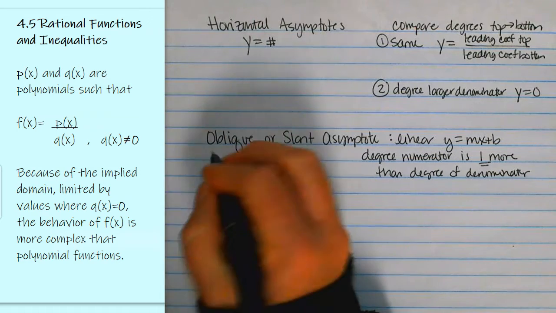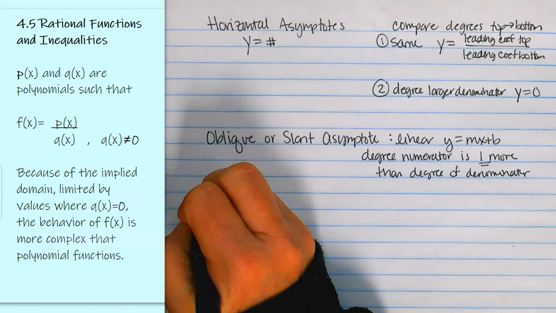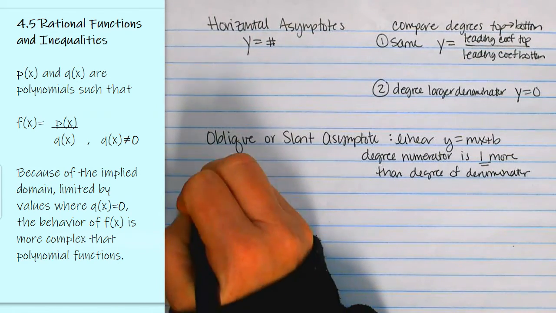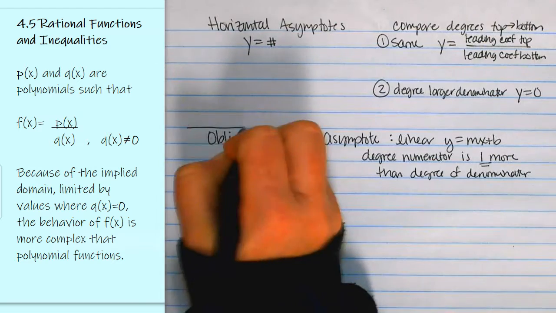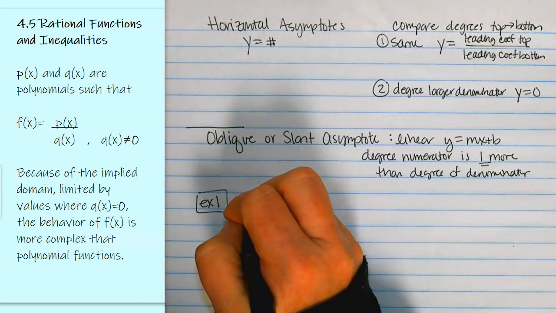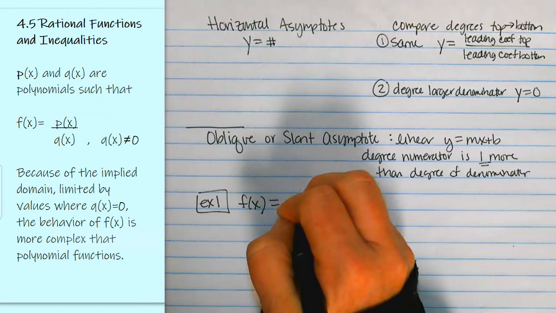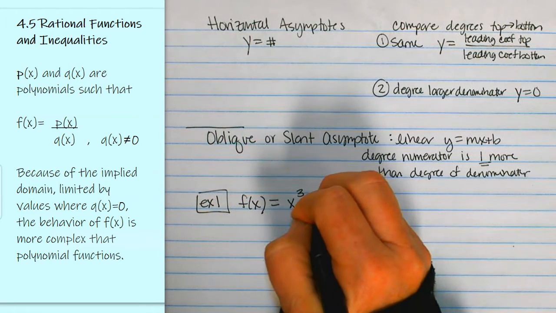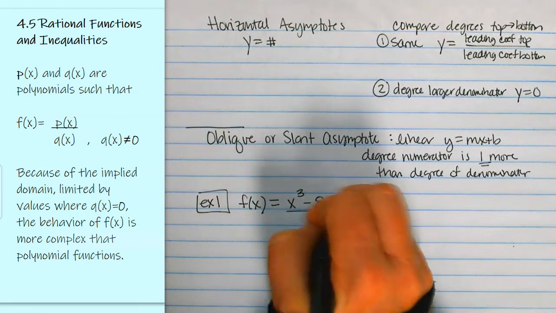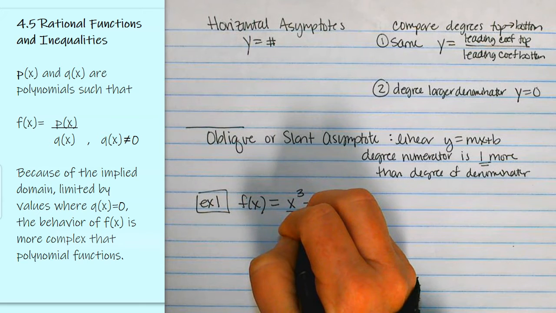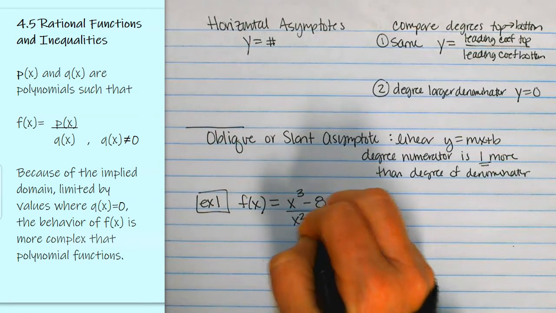So let's look at an example here. Example 1 of this sort. I'm going to restart my numbering with 1. So example 1, if we said that f of x equals x cubed minus 8 divided by x squared plus 2.